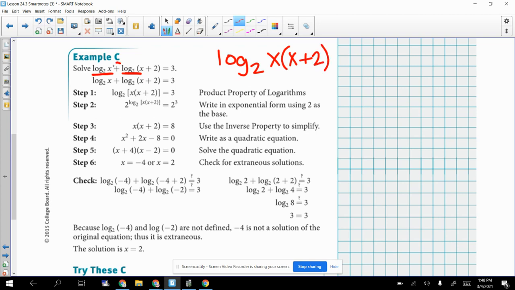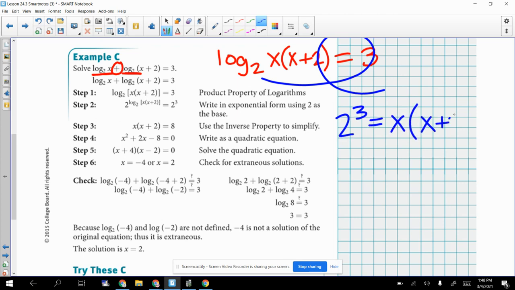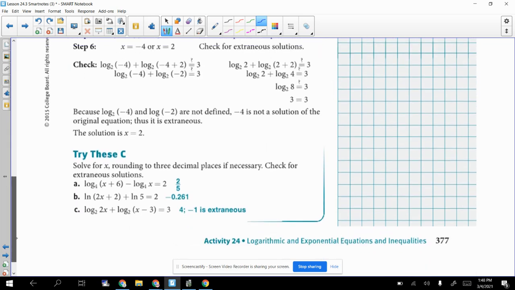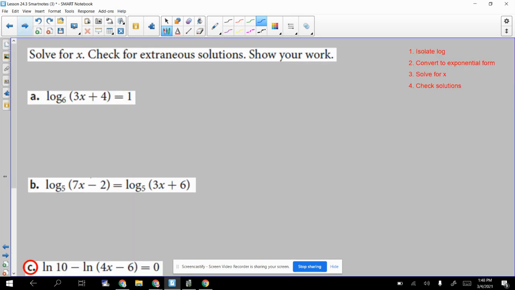Okay, because remember, addition and multiplication went together with the product property. And then you can set that equal to 3. And then it's just like those first problems we were doing where you would convert to an exponential and then solve for x. Okay, so we're going to do an example like that on the next page. All right. Cool. Let's go ahead and try some of these.